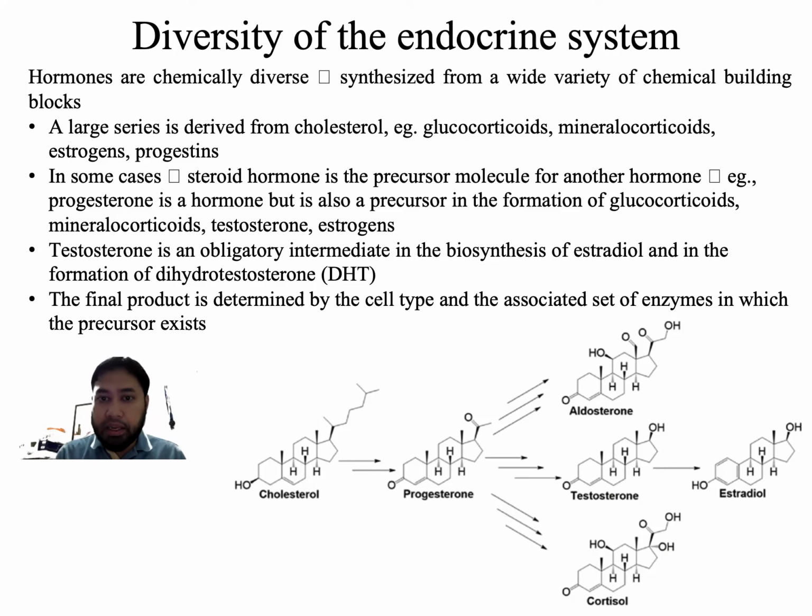They are the beginning of another hormone's formation. For example, progesterone. It is a female hormone, but it is also responsible for making new glucocorticoids. It's important for progesterone to be available in the female because for the female to produce the mineralocorticoids, glucocorticoids, and estrogens.